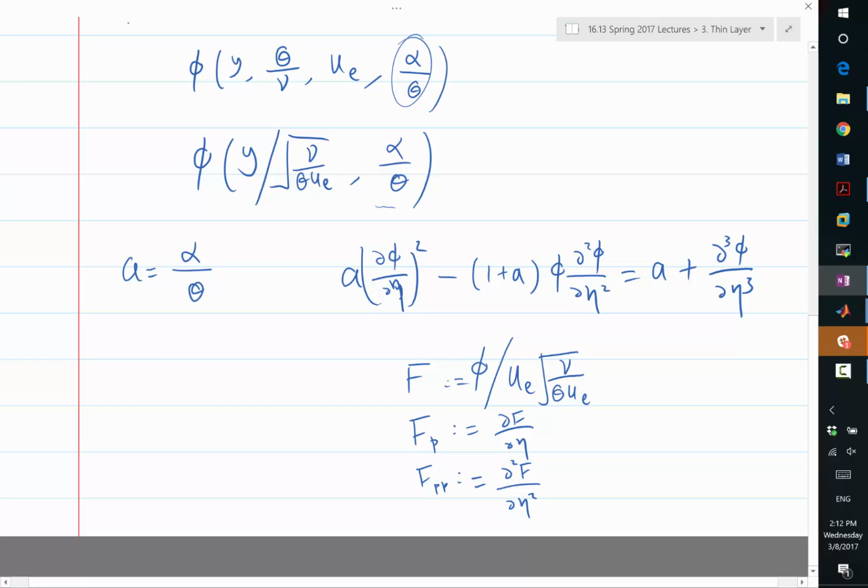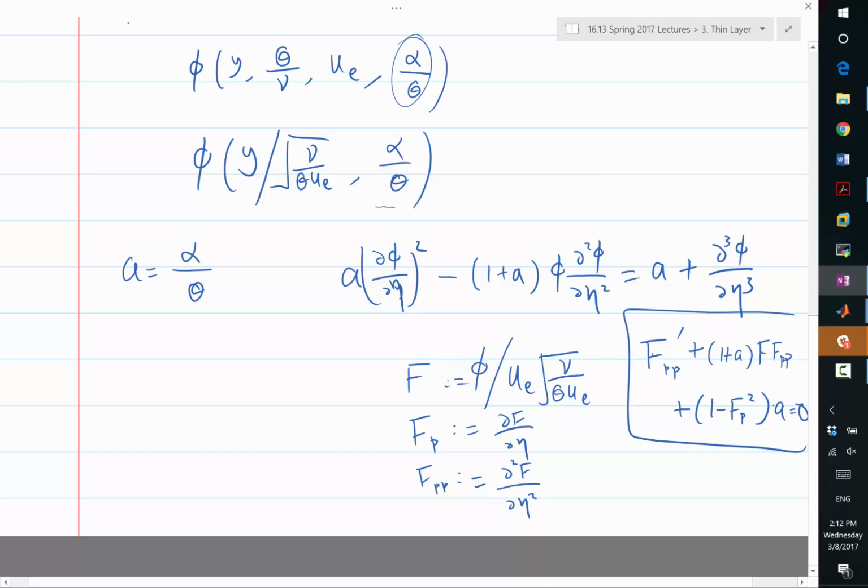Then this equation becomes fpp prime, so that's this term, plus 1 plus a times f times fpp, plus, that's the additional term we are having, 1 minus fp squared times a equal to 0.